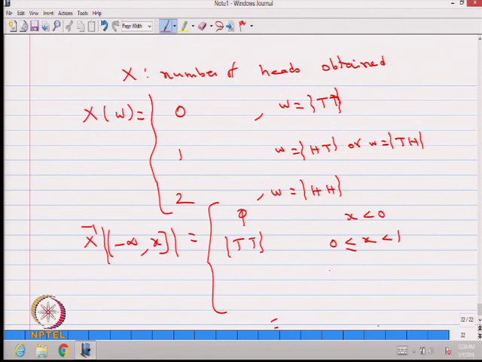When x takes a value from 1 to 2 excluding 2, it is going to be HT, TH, TT.